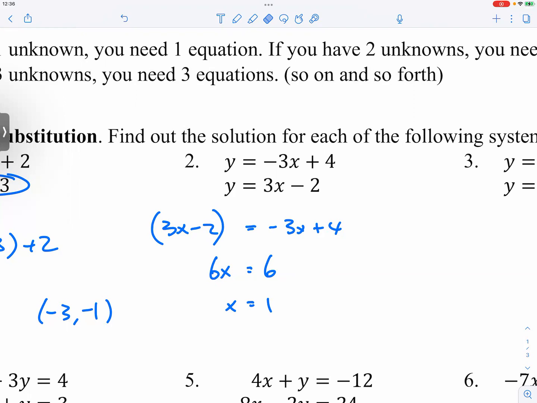Now, it doesn't really matter which one you use, but actually it does matter if you want to have a good life. So now here is a question for you. Would you use the first equation or the second equation?